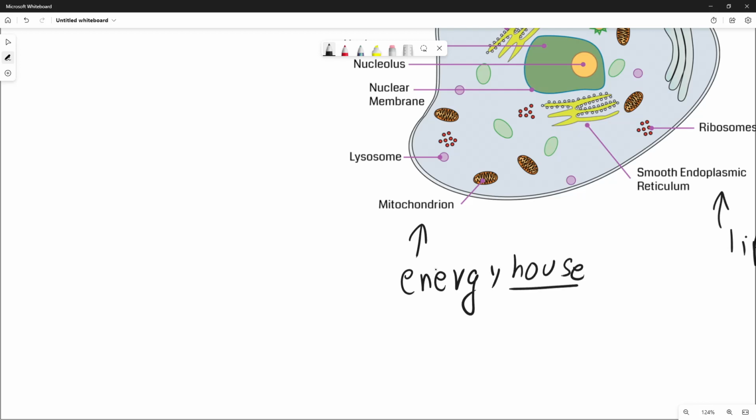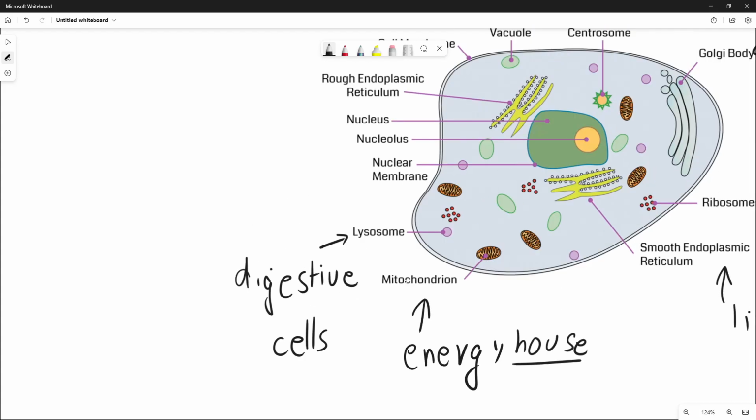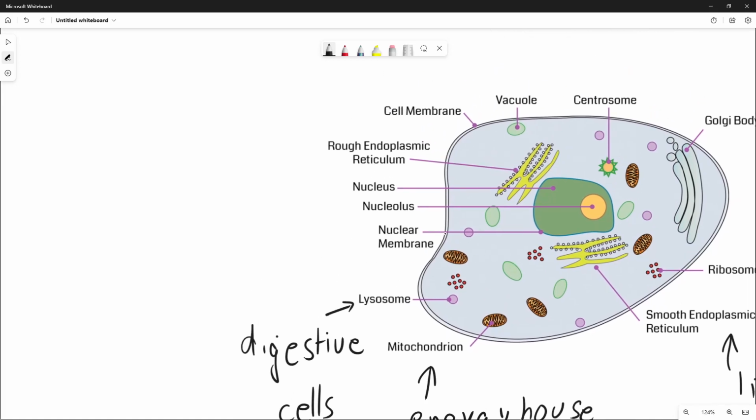Then we have the lysosomes, which are also the digestive center for the cell. They have digestive enzymes which are secreted into the cell to digest wastes. Then we have the nuclear membrane, which protects the nucleus from being degraded by enzymes inside the cell.